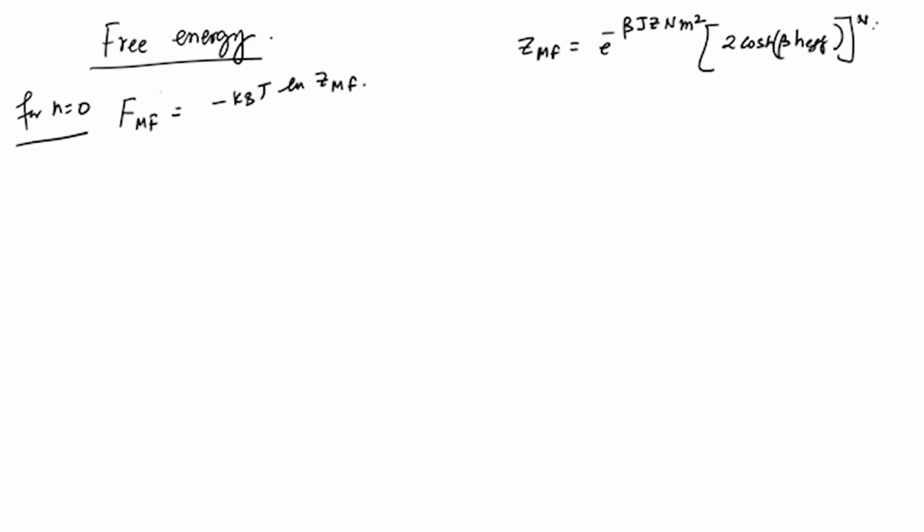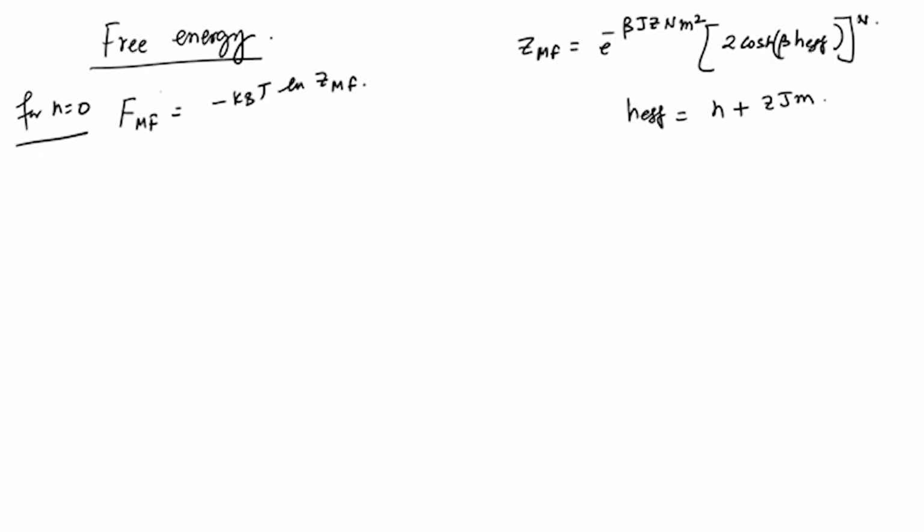This is for n spins, and h effective, just to remind you, is equal to h plus zjm, and h is the external field. So, this h effective is the effective external field which takes into account the coordination number and all that.